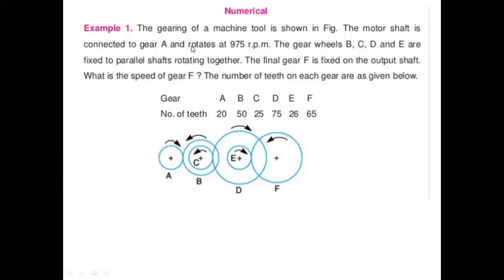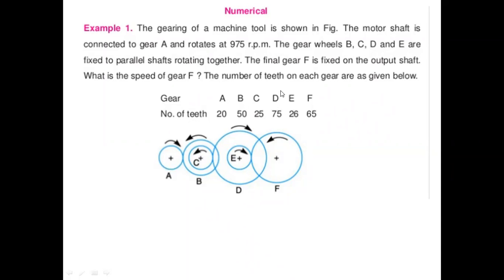Here, in the gearing of the machine tool as shown in the figure, the motor shaft is connected to gear A and rotates at 975 RPM. The input is given to gear A and it rotates in a clockwise direction at 975 RPM.